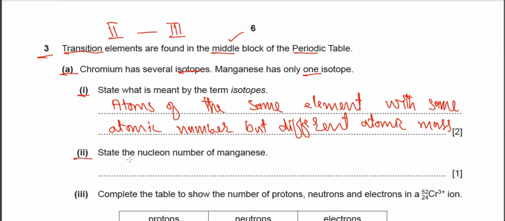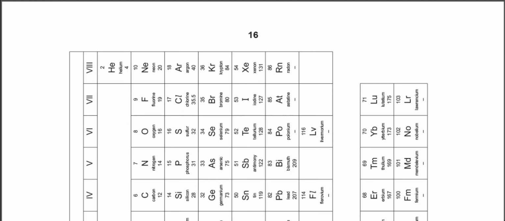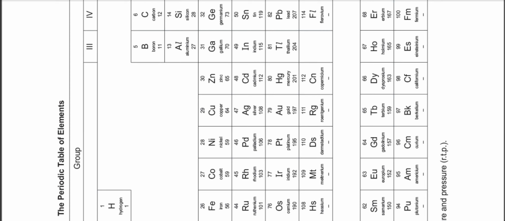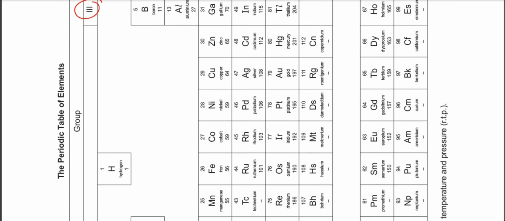Then he says state the nucleon number of manganese. This is a very simple question, just refer to the periodic table at the end of the same paper. You can see this is group 3 and this is group 2.